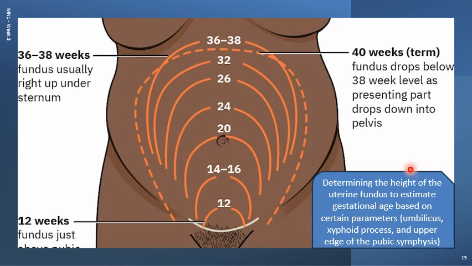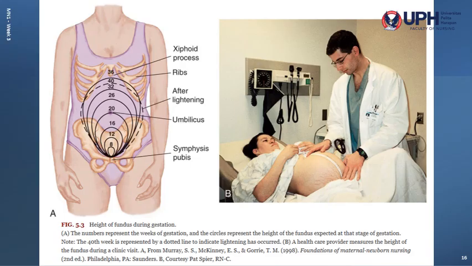So we have to determine the height of the uterine fundal and estimate gestational age based on certain parameters: the umbilicus, the xiphoid process, and the upper edge of the pubic symphysis. So here is the pubic symphysis. As you can see, the uterus is small and then goes up as the baby grows.